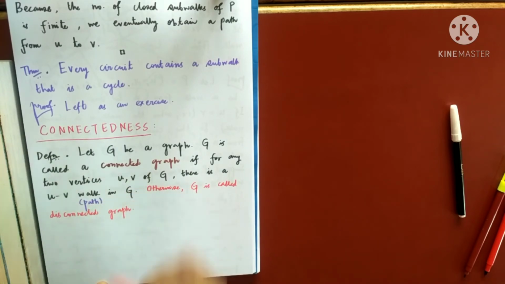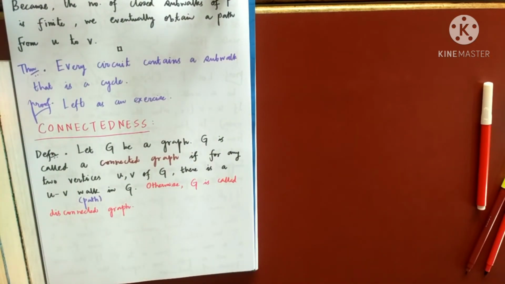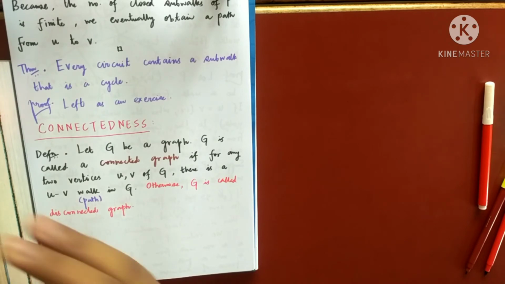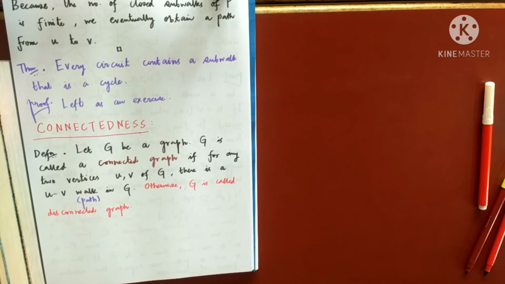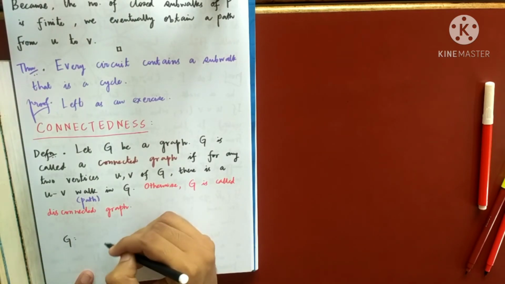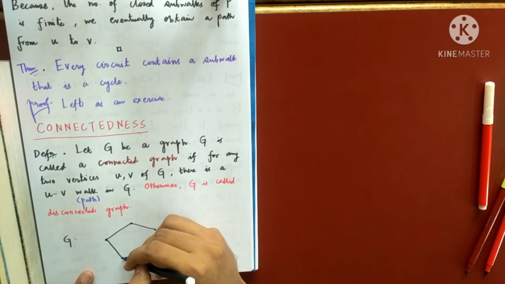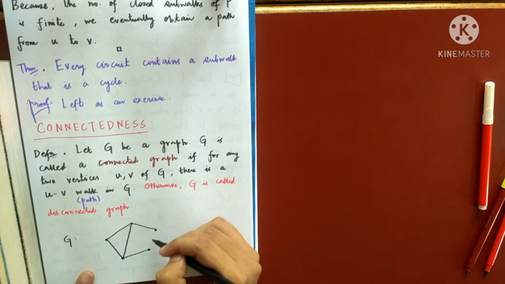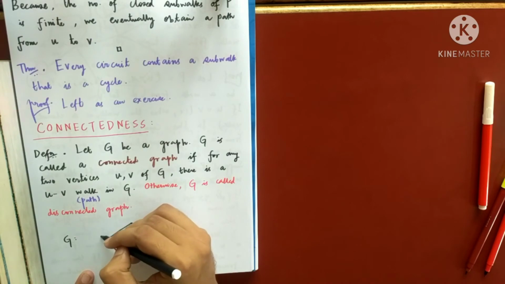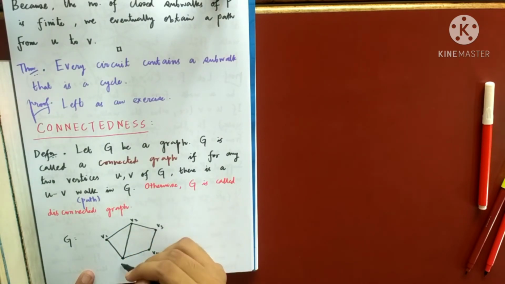So the first thing that we want is some example of connected and disconnected graphs. It's very simple. Just hold on. Yes, we have not written the definition. Okay, consider this graph G. Consider V1, V2, V3, V4, V5.